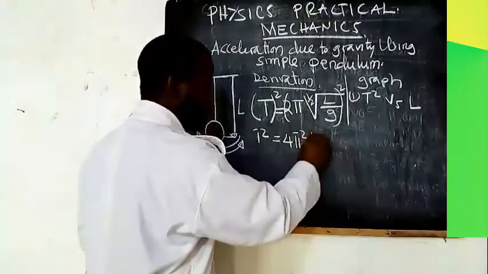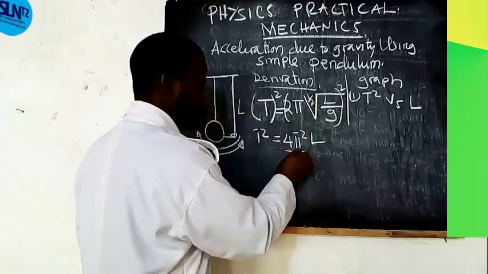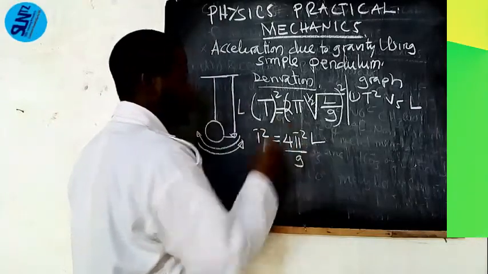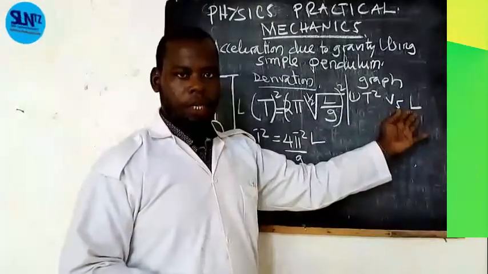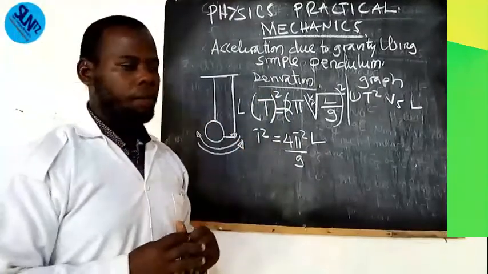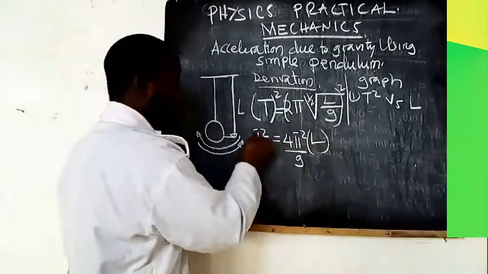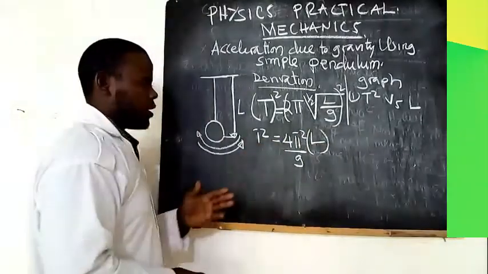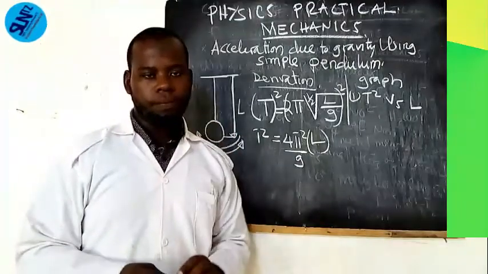So it will be length L over g. Because L is the x-axis it will remain as L. So that is our nature of the equation.